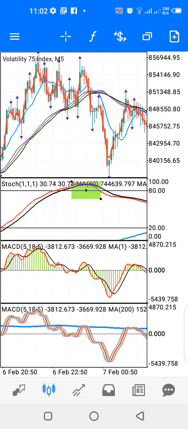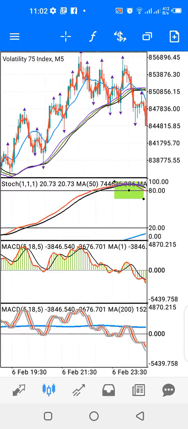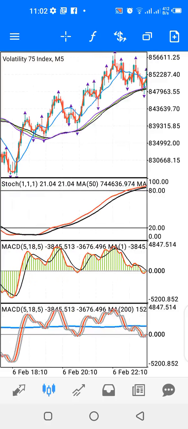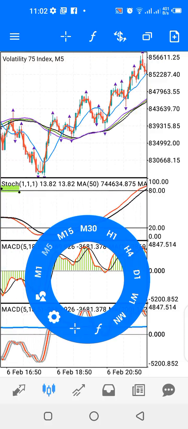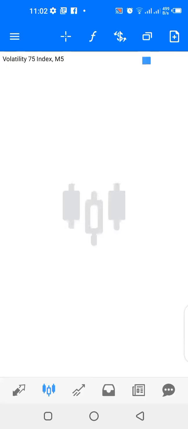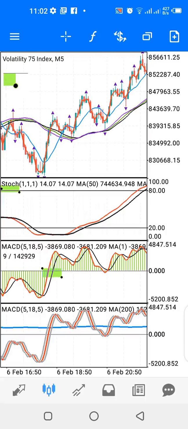When the red and the black line, this is the red and the black line I'm referring to, crosses above the 0 level, we have your buy signal.